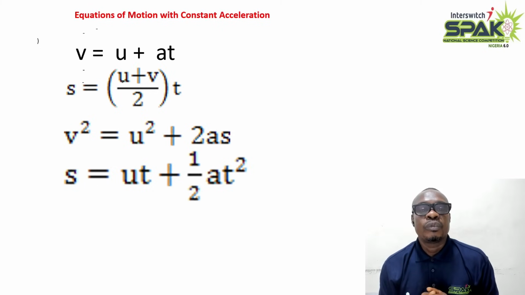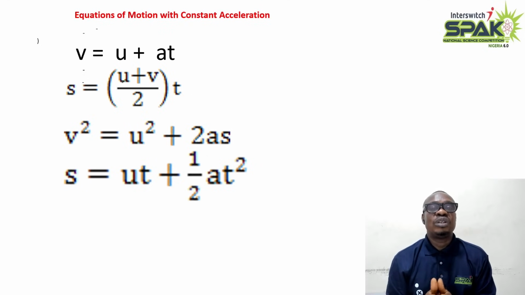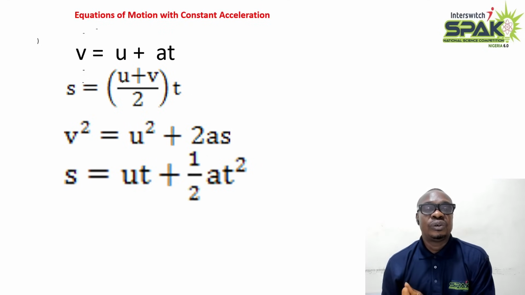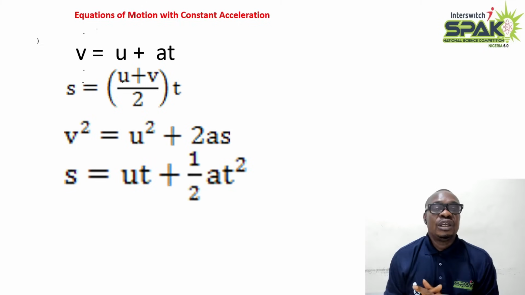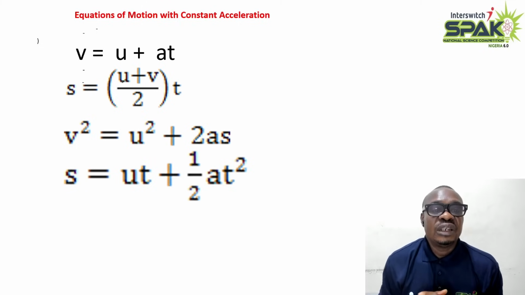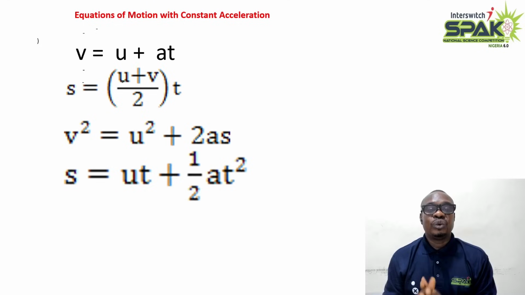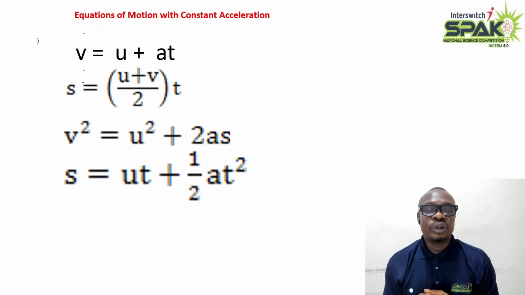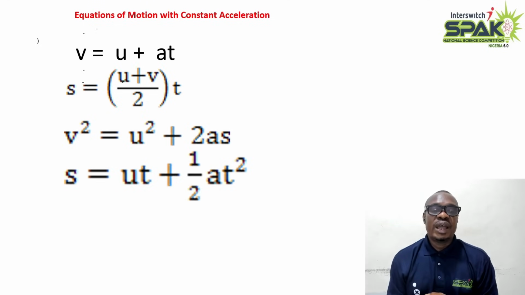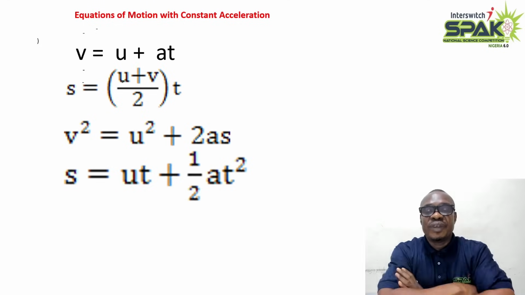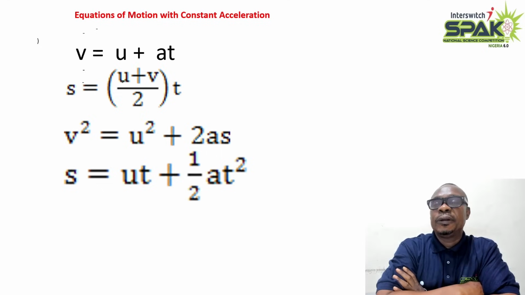So these are the equations of motion with constant acceleration. The first one is v equals u plus at. The next one, s equals (u plus v over 2) times t. We have v squared equals u squared plus 2as. We have s equals ut plus half at squared.